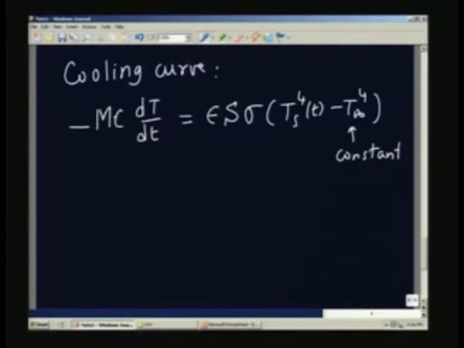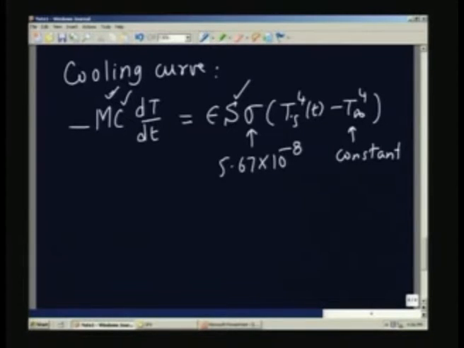These are measurable. I can measure the mass of the system, and the specific heat if I know the material and its characteristic. Another experiment I can perform is to measure the specific heat. The surface area is measurable. Sigma is the Stefan Boltzmann constant, 5.67 into 10 to the power of minus 8. T infinity is held fixed.